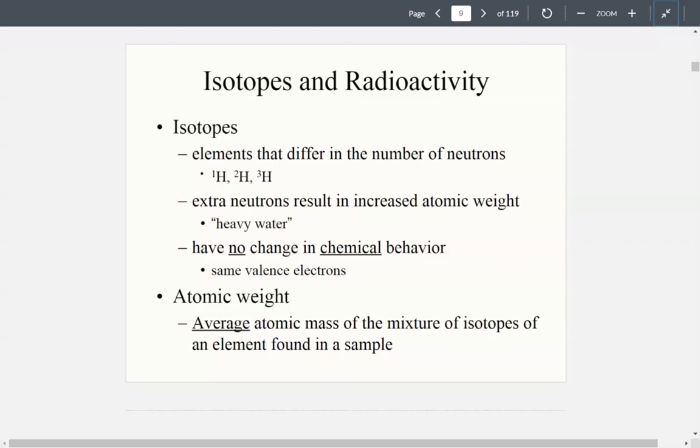We're going to stick with hydrogen. Hydrogen has 1 proton, no neutrons normally. If it has 1 neutron, it'd be an isotope of H1. H2 would indicate that it has 2 abnormal neutrons. The adding of neutrons is going to make the atom heavier, so increase its atomic weight, because every neutron is 1.